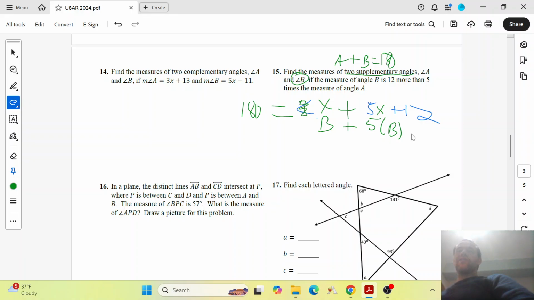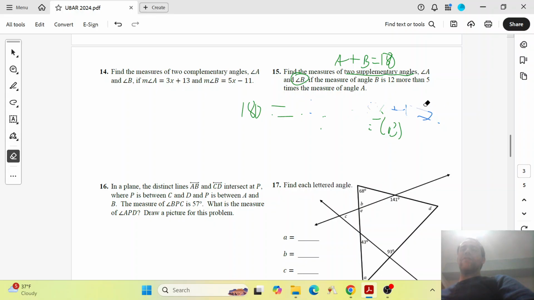If measure angle B is 12 more than 5 times angle A. And I think I'm confusing this even more, so let's try to break this down even better. I just want to explain it a bit better than I have been, because it's the first time I've seen this in a while.